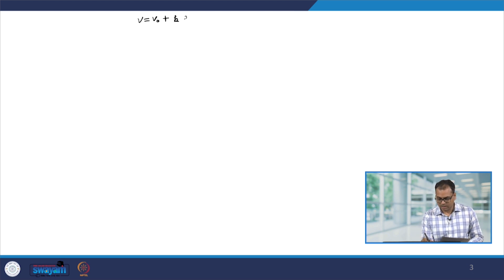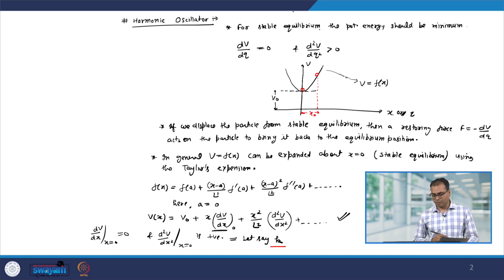So, k x square divided by factorial 2. Similarly, we have higher order terms. So, let us say the other constant is k1 x to the power 3 divided by factorial 3. Okay. Let me call this equation number 1. Okay. So, k1 is d3V over dx cube.